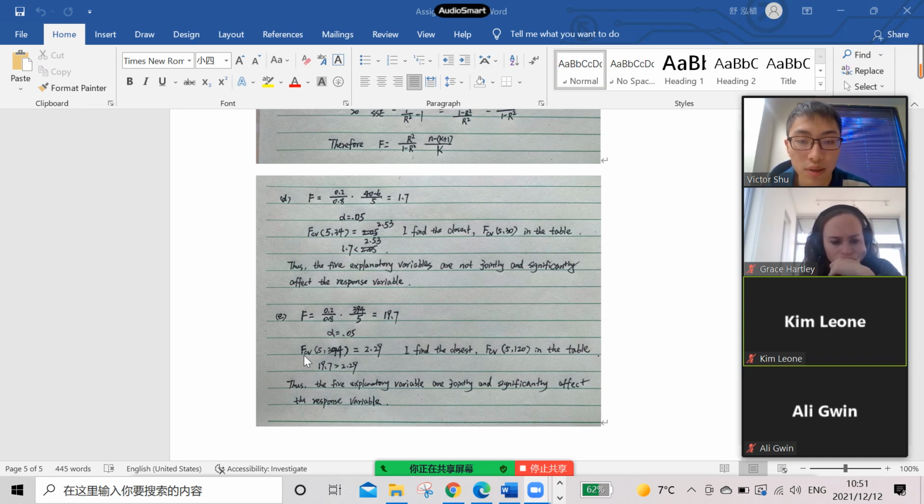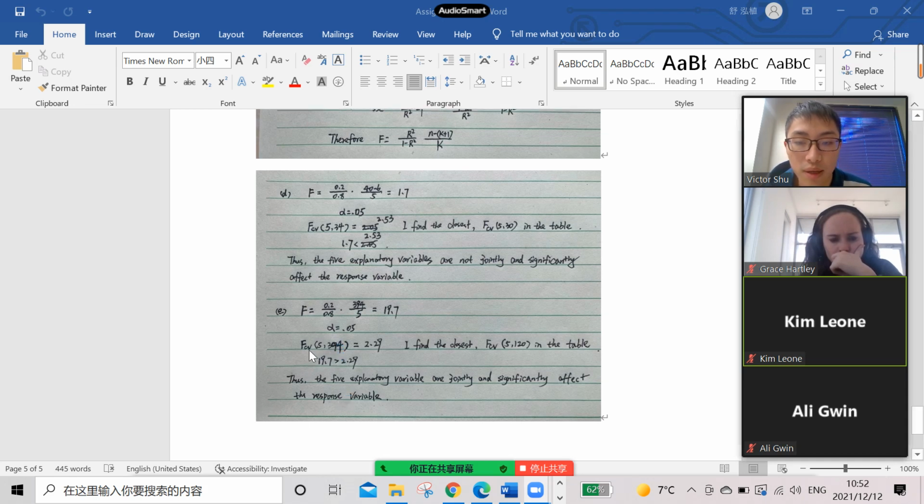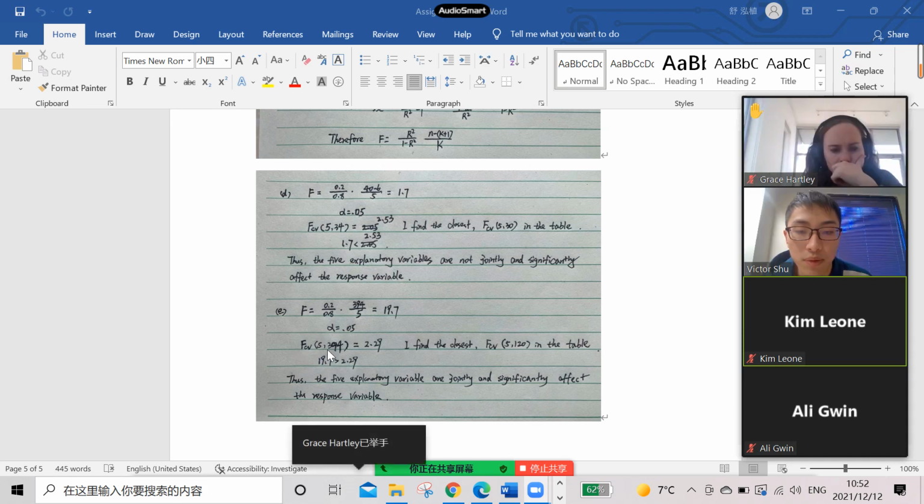So instead of 40 minus 5 plus 1, I have 400 minus 5 plus 1. So it's 400 minus 6, so I get 394. And again, in the F table, with alpha equals 5% and the 2 degrees of freedom, you can find a critical value. Yes, questions?